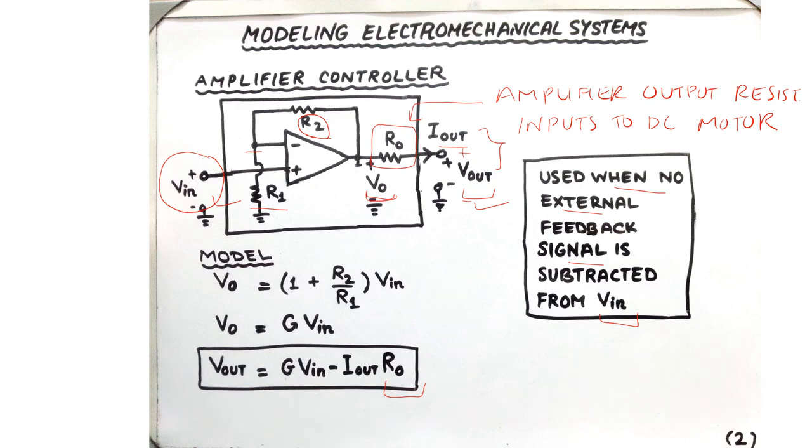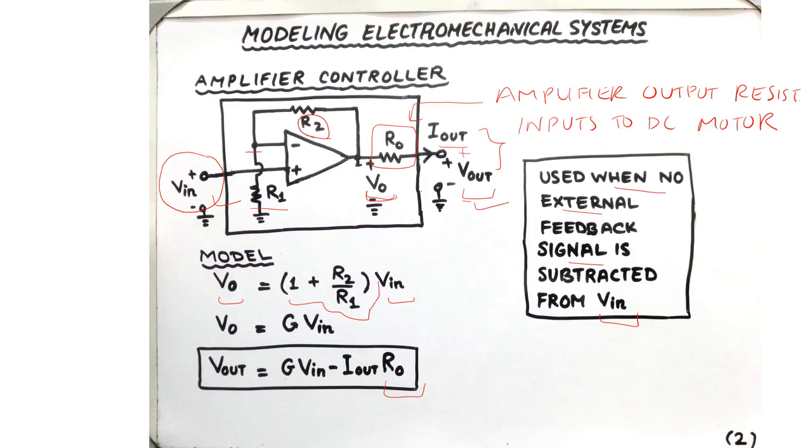Therefore, if we solve this circuit, we are first going to relate the output of the op-amp V naught with V in, which is going to be 1 plus R2 over R1. That's because the op-amp circuit is connected to implement a non-inverting amplifier.